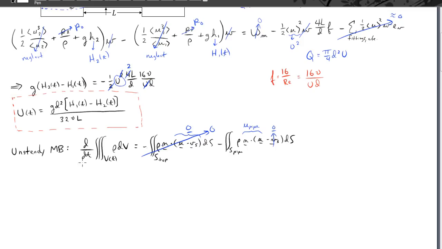So the first term here becomes the time derivative. The density is constant. The integral of the density over the volume is rho times V of t, and that's equal to minus rho u, which is the mean velocity of the pipe, multiplied by the pipe cross-sectional area, pi over 4 d squared.